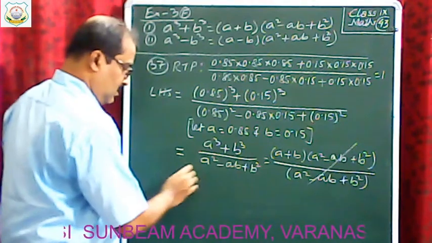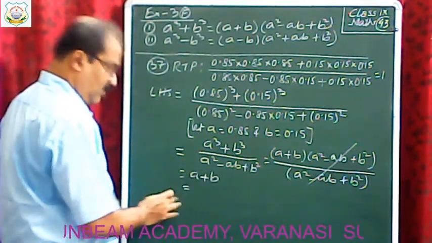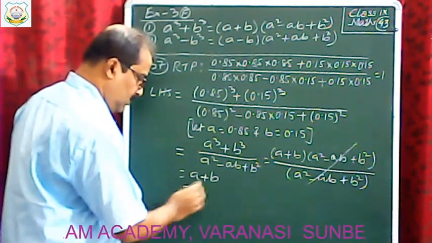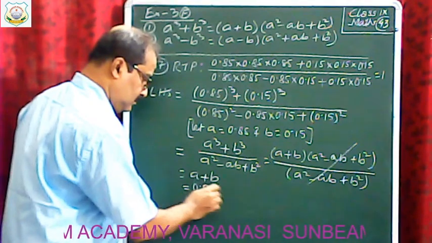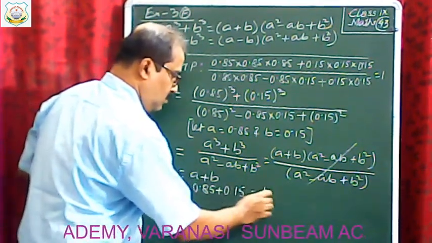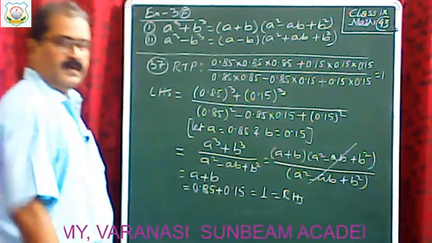Cancel. We get only a plus b, and now you have to put the values of a and b. These are 0.85 plus 0.15, that is equal to 1 equal to RHS. Okay.